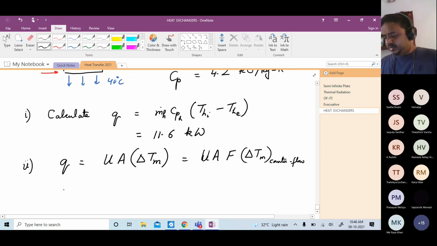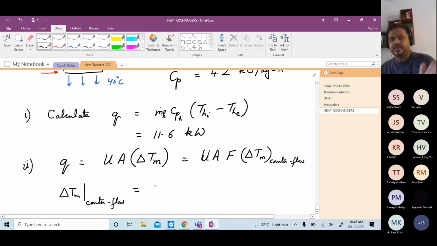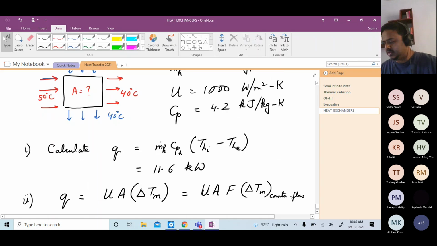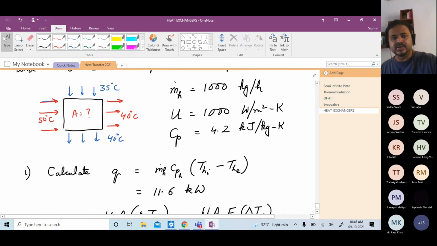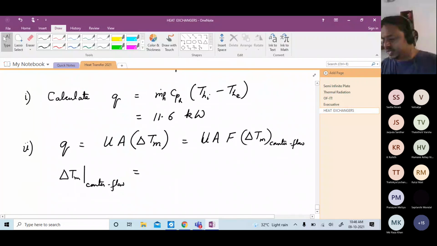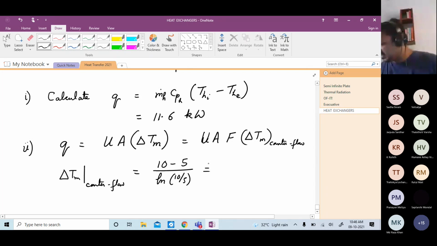Now this delta Tm of counterflow can be found out. So at the entry, counterflow is 50 minus 40, which is 10, and on the other hand entry minus exit, so that is 5. So that would be 10 minus 5 divided by log of 10 by 5. And this comes to 7.2 degrees C.